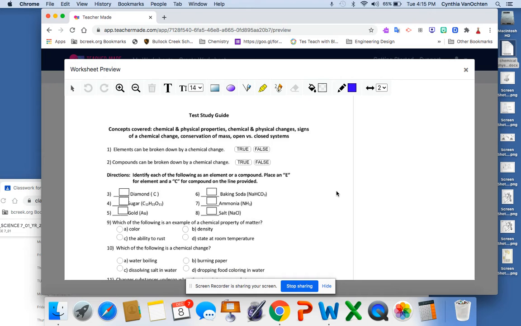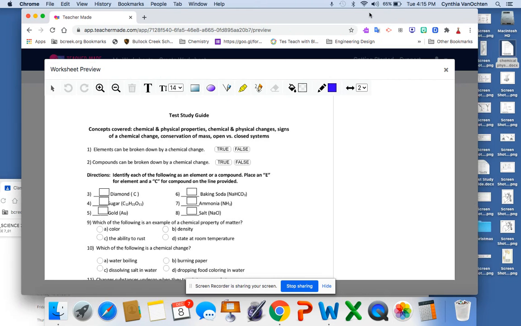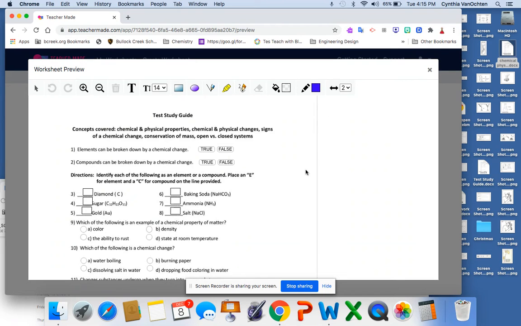I put quite a few questions on here because I wanted to be as thorough as I possibly could to help you get prepared. But they should be answered very quickly because they're true and false and fill in the blank. The nice thing about this study guide is that you'll get a grade back immediately and you can see what you may have had difficulty on if you turn it in early because it is computer graded.